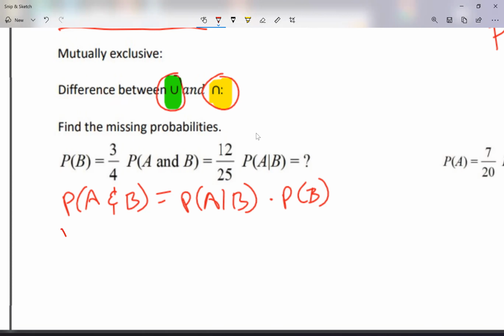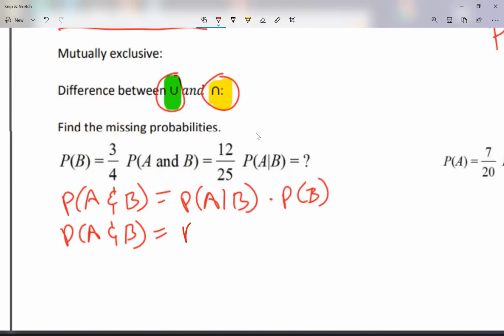Another rule I can use is probability of A and B is equal to probability of B given A times the probability of A. So depending on the information that I give you, but I'm going to use the first formula this time.